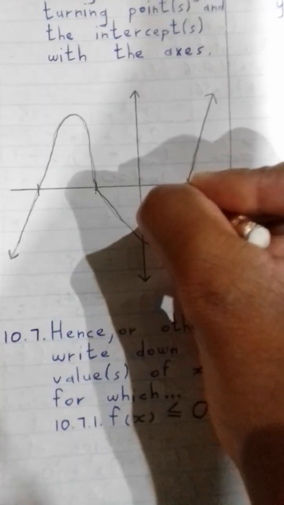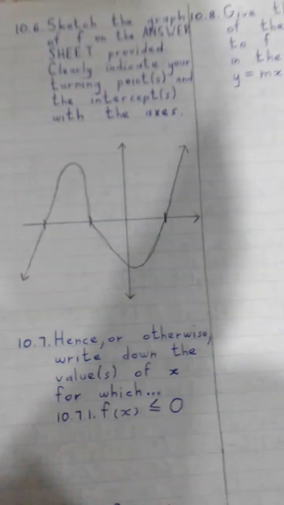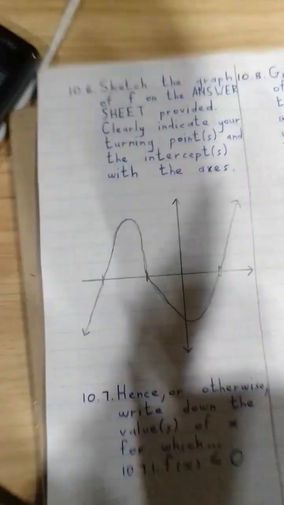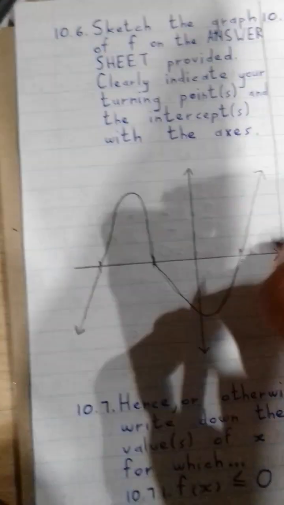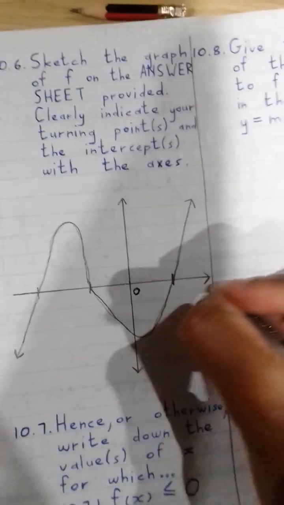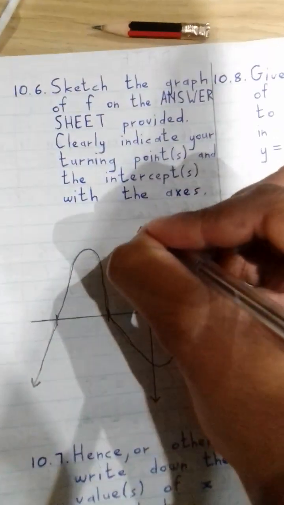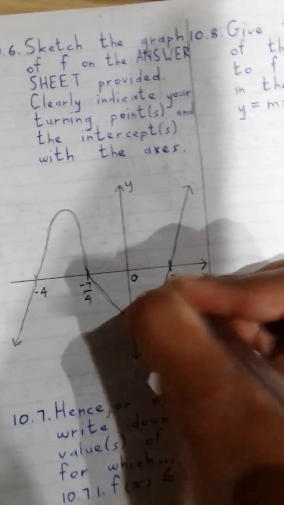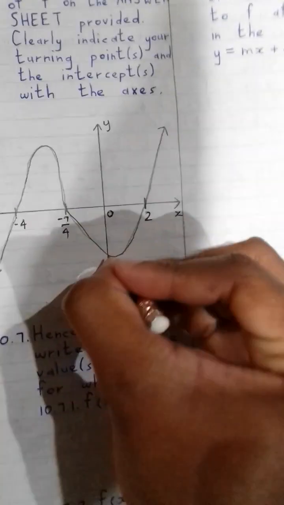Negative 4, negative 7 over 4, 2. This is the origin, x axis, y axis, negative 4, negative 7 over 4, 2. Y-intercept, negative 56.